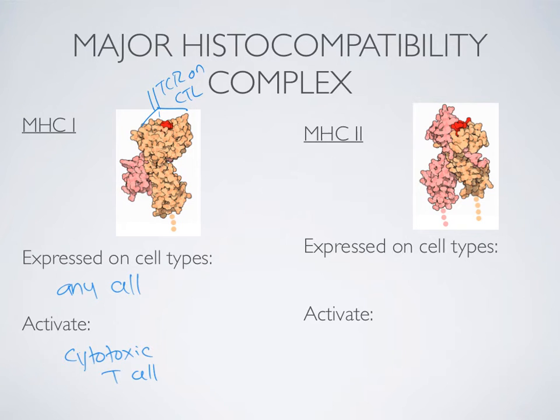So how do you get the antigen in there? Well, this is a really, really clever mechanism. What happens is inside the cell, all of your cells of the body, all the time, you're degrading proteins. You have normal protein turnover. So you're constantly chewing up your proteins through proteasomes.